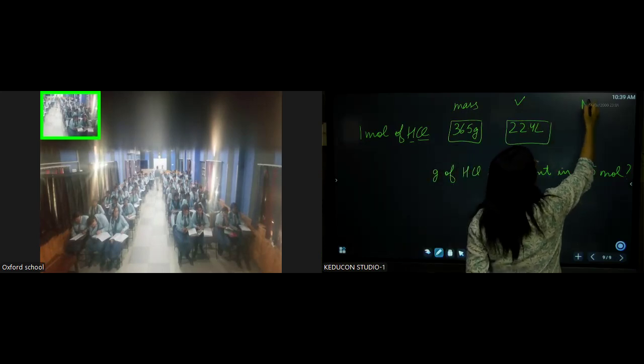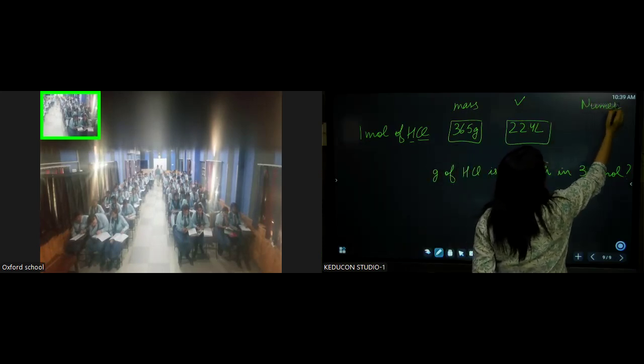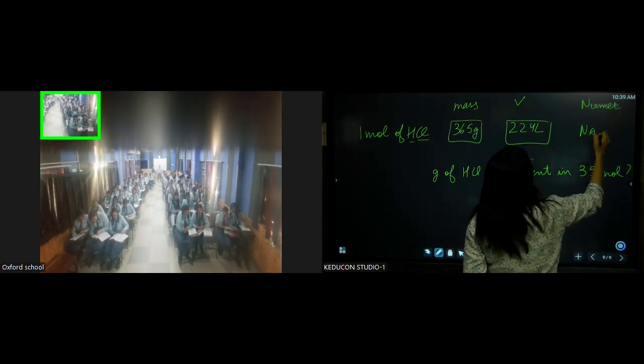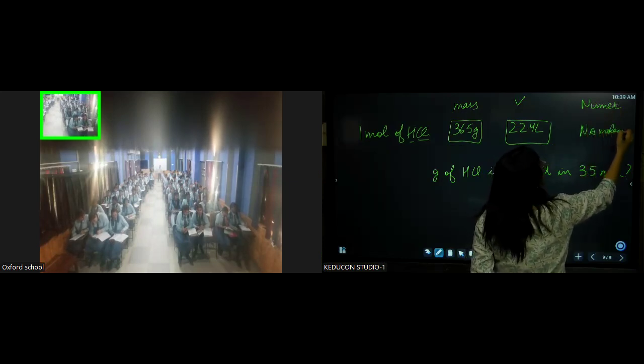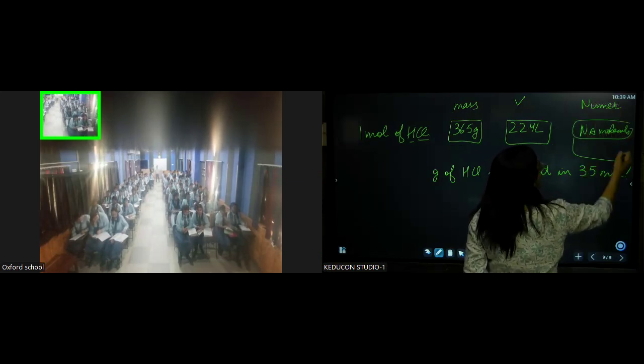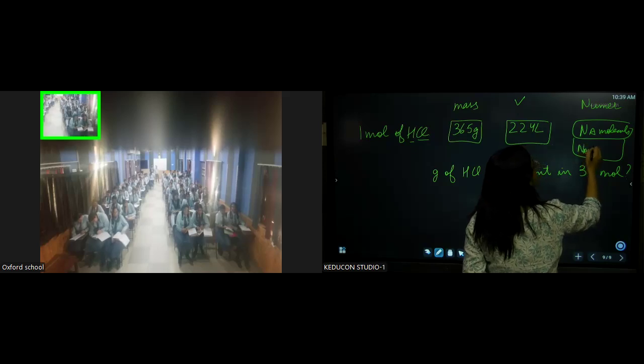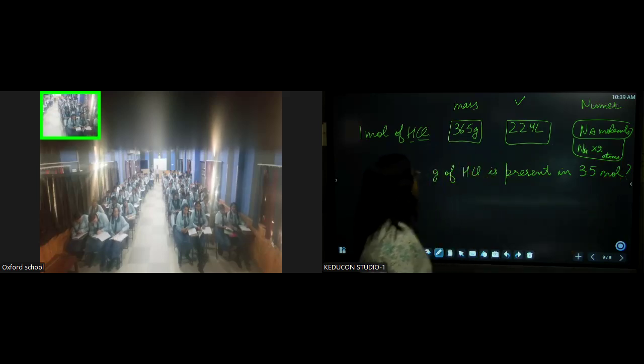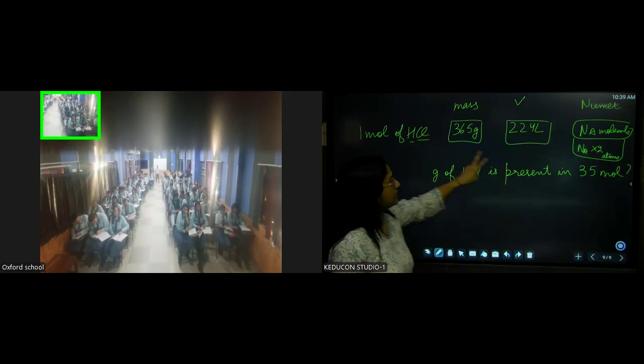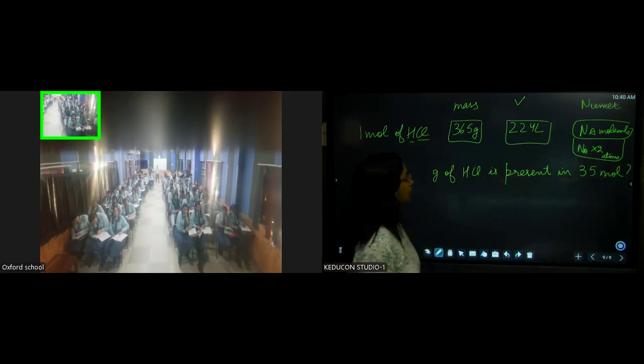Talking about number, it is fixed, Avogadro number of molecules. And if you are asked about atoms, this is 2 into Avogadro number of atoms, because HCl has 2 atoms. So in one molecule there are 2 atoms, so multiply by 2.